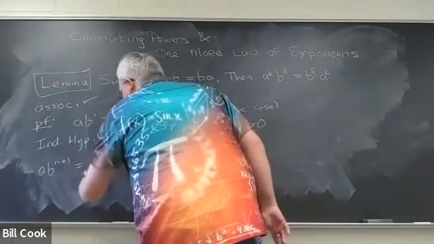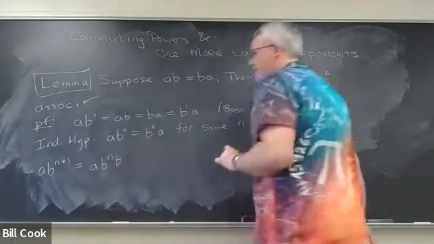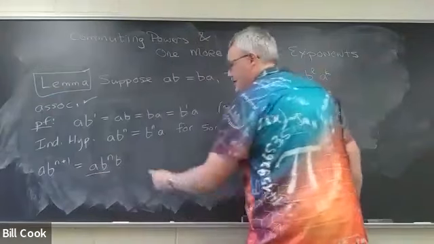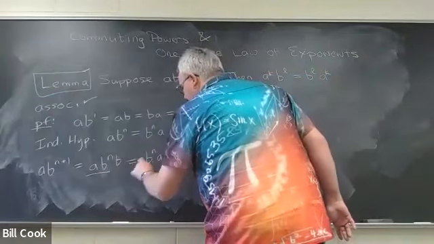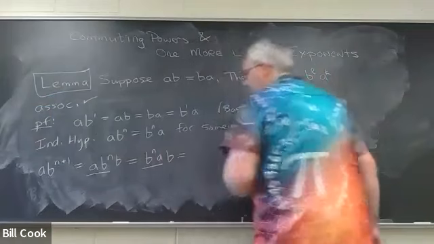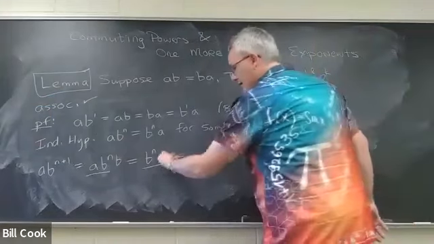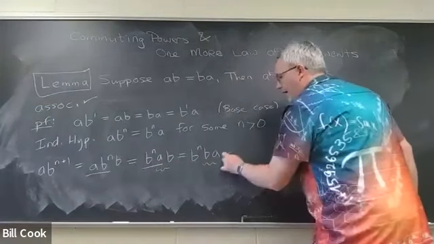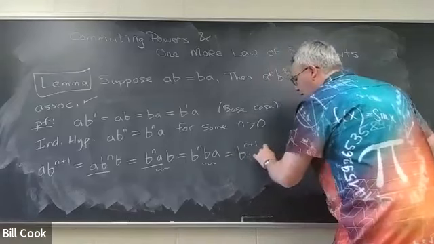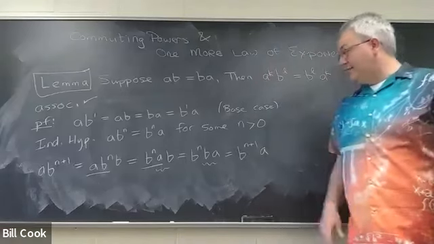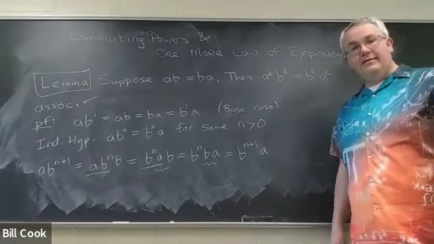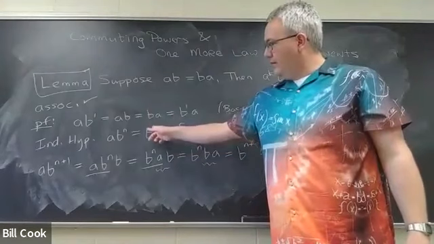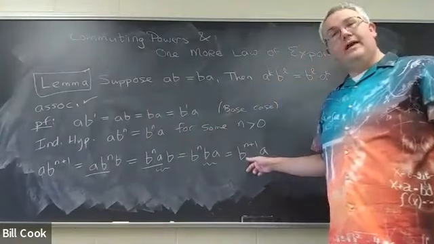By definition, this is AB to the n times B. We made our inductive hypothesis that I can switch these around, so that's B to the n A times B. Then I can use my regular old hypothesis that I can switch A and B around, and then use the definition of exponentiation to get that this is the same thing as B to the n plus 1 times A. So I've now shown that if this holds for n, it holds for n plus 1.